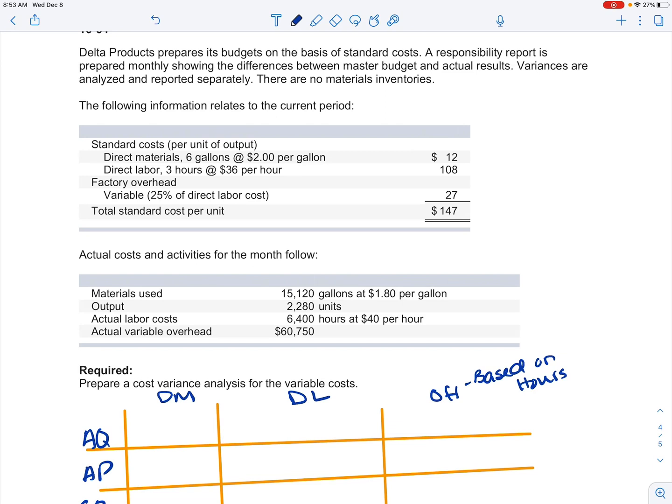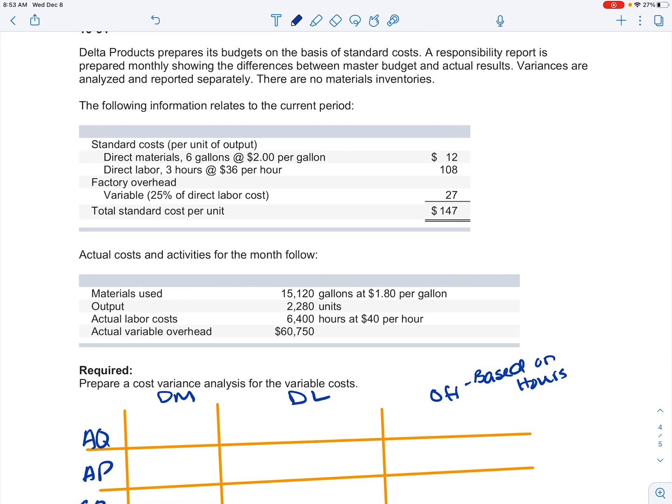So now we have to actually read through the problem. They prepare a budget based on standard cost, responsibility reports prepared monthly, and they want us to analyze these variances that they have. So they give us all that standard information, and then they give us the actual cost for the month.